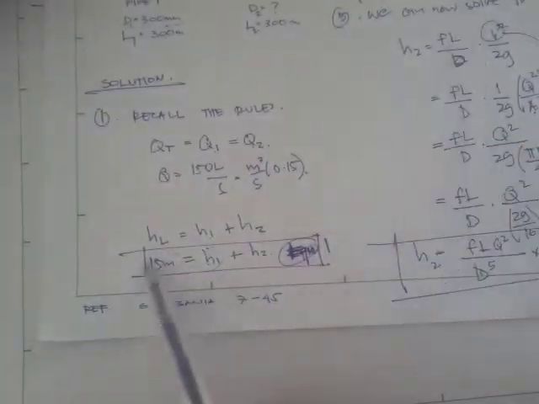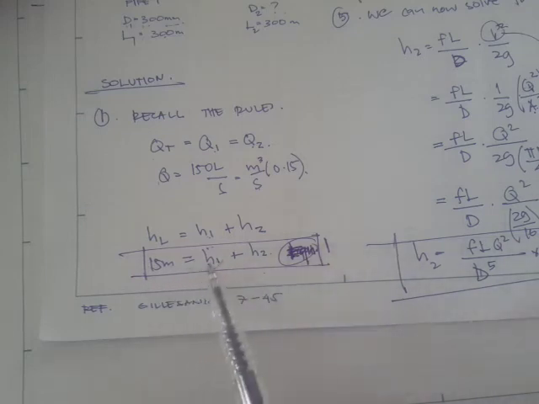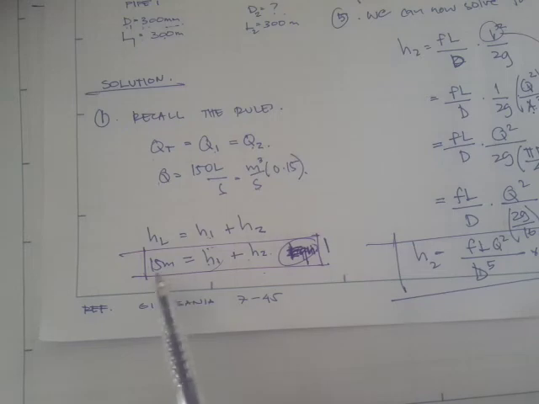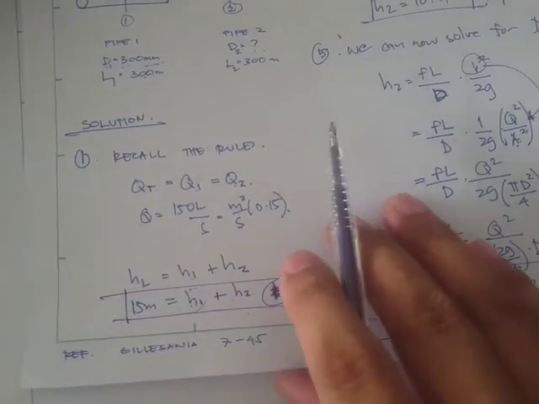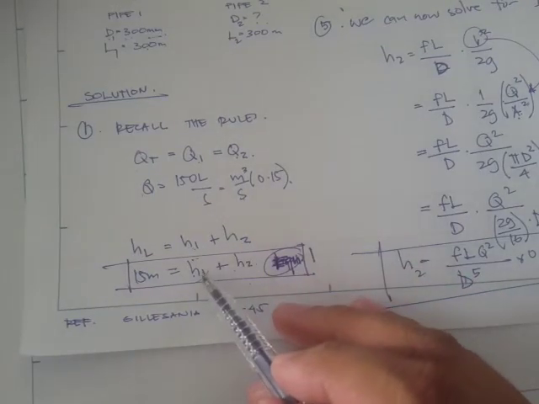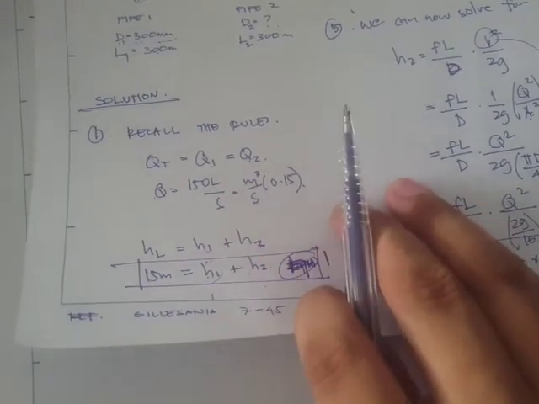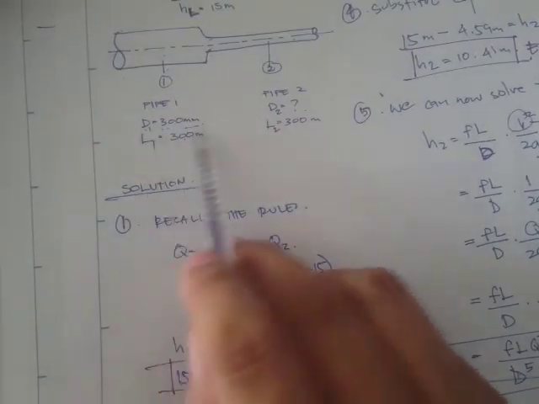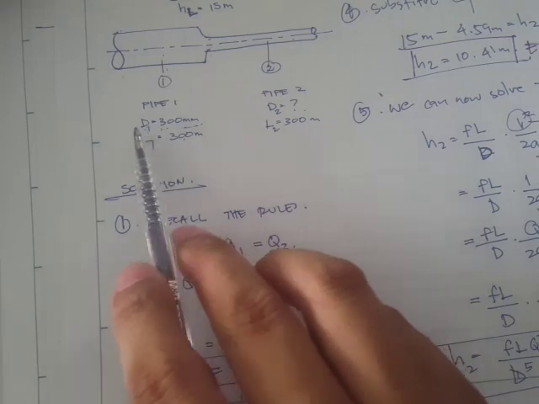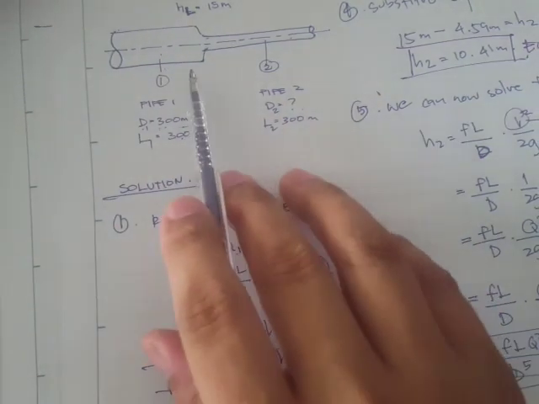Okay, so since we have this, we have two unknowns, right? So we need two equations. For h sub 1, the head loss at 1, we can actually solve that using the Darcy-Weisbach equation because we have complete data regarding pipe number 1.